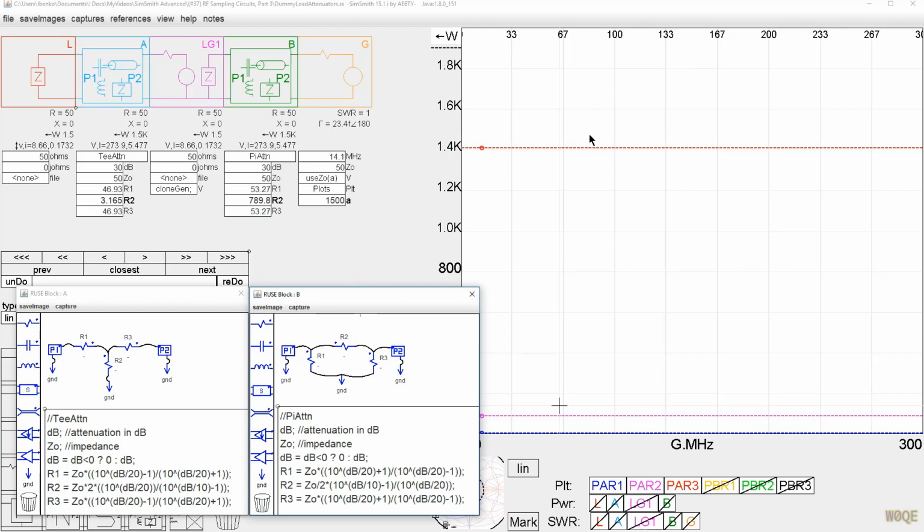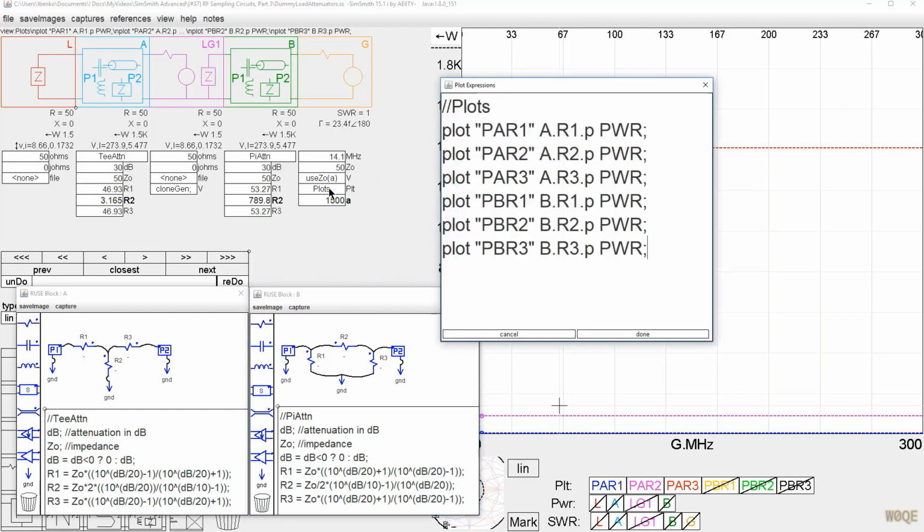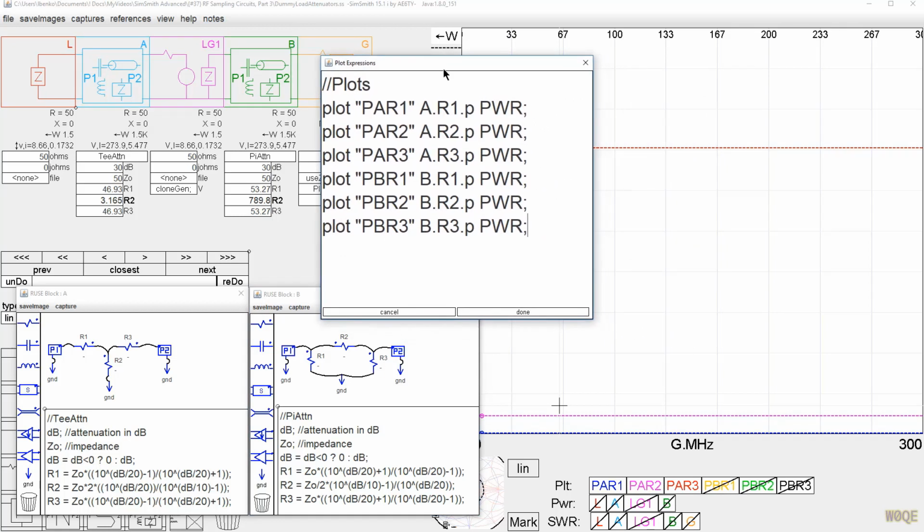However, if we look at the power here, let's set these at 30 dB just for grins for the moment, which they are. 1500 watts is being applied to these attenuators. And in the case of the T attenuator, I calculate power for all 6 resistors. It's part A, resistors 1, 2, and 3, the power I calculate, and part B, resistors 1, 2, and 3 for the power.